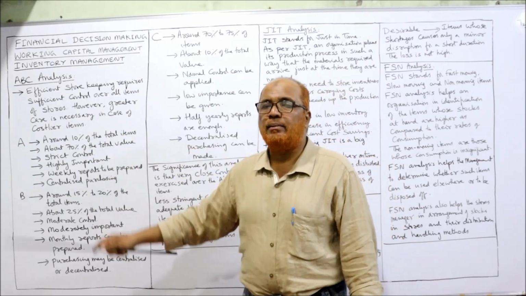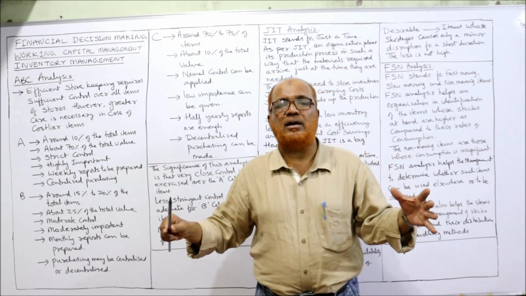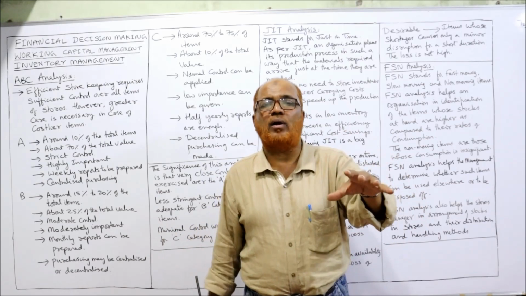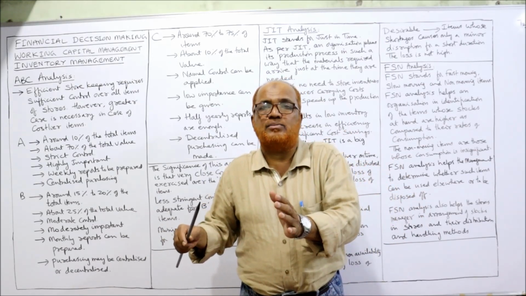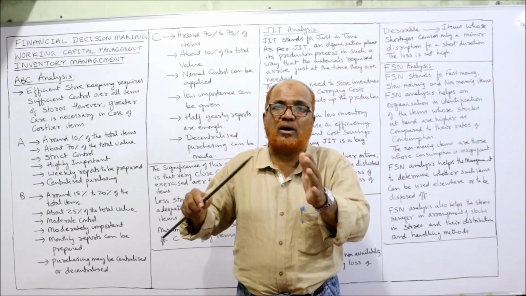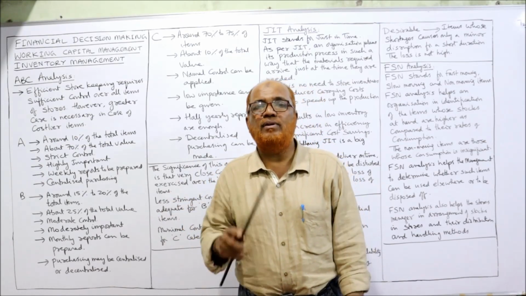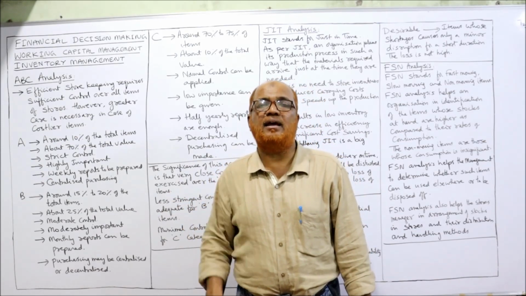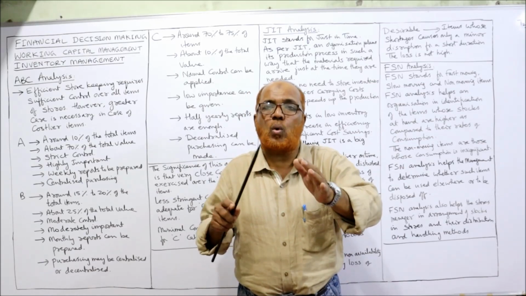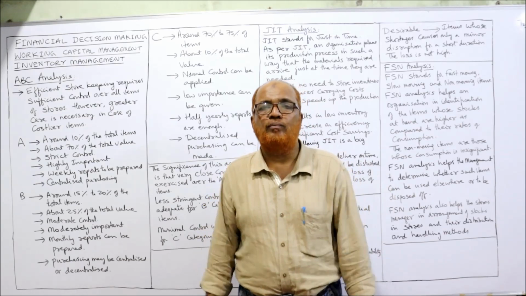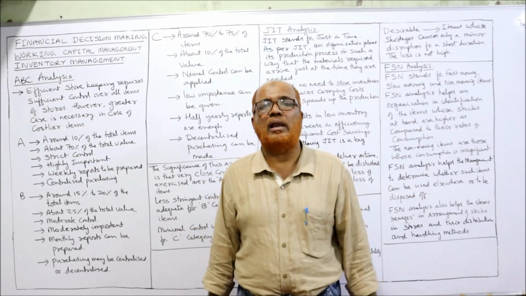So according to ABC analysis, all the items are classified according to their value. Costly items whose value is more but the quantity is less will be categorized as A category items. B category items are those whose quantity and value are more or less equal.